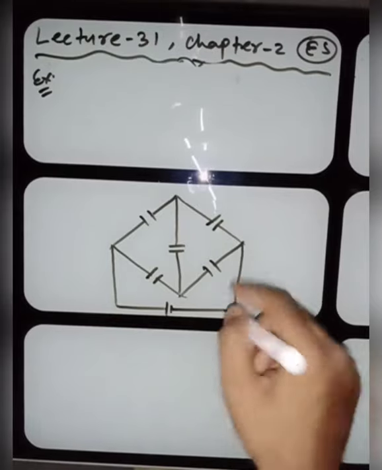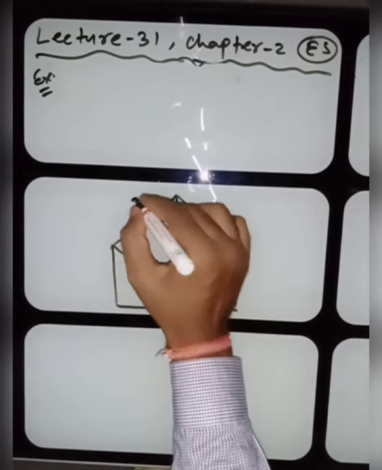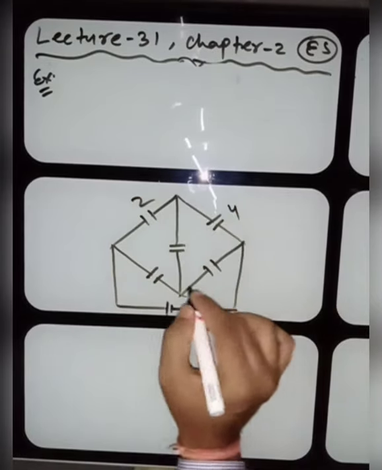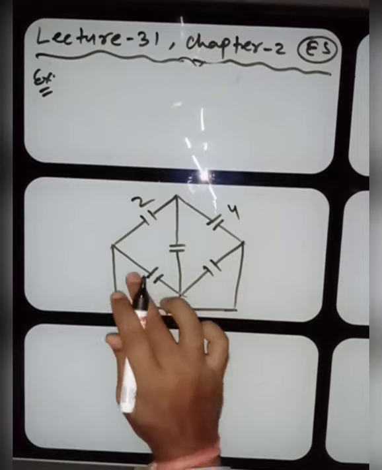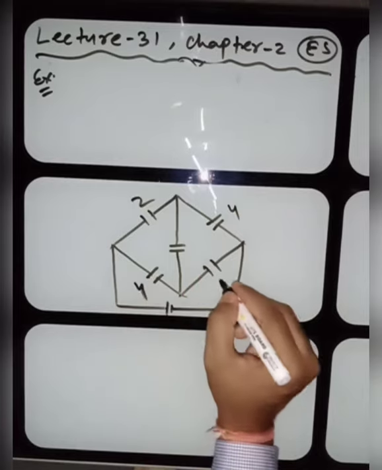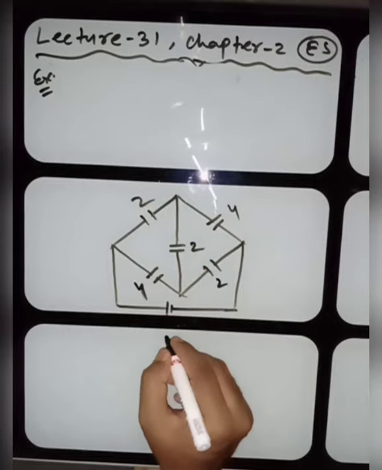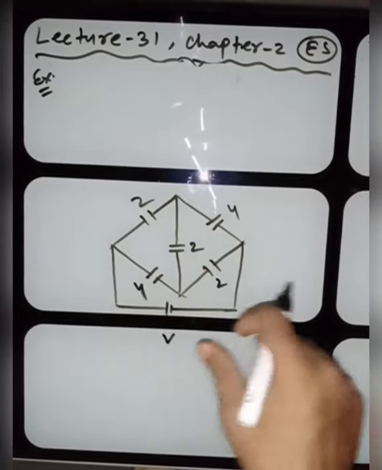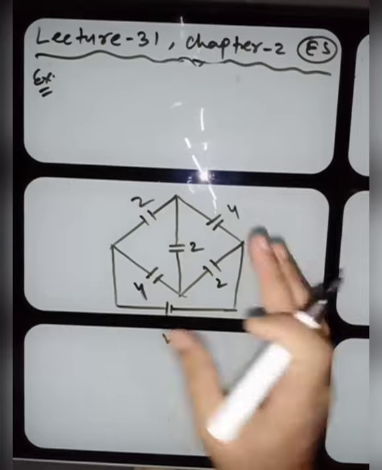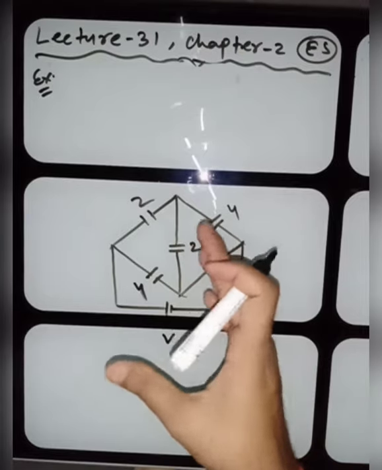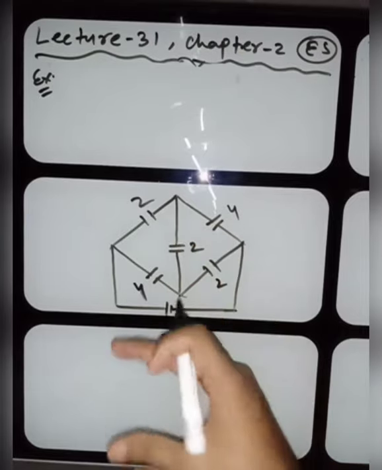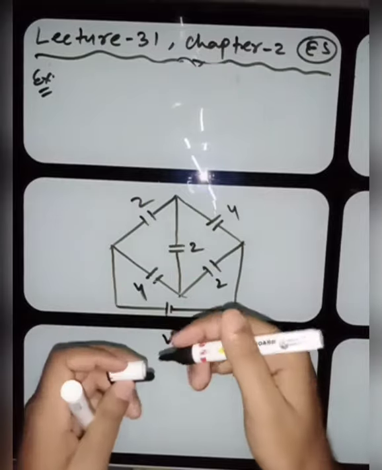Now suppose these values are 2, 4 and 4, yes, 4 and 2, and this is 2, and suppose the battery here is V. Now whether this one is a balanced or unbalanced Wheatstone bridge, the answer is yes, this is an unbalanced Wheatstone bridge. Now the question, how will this type of question be solved.